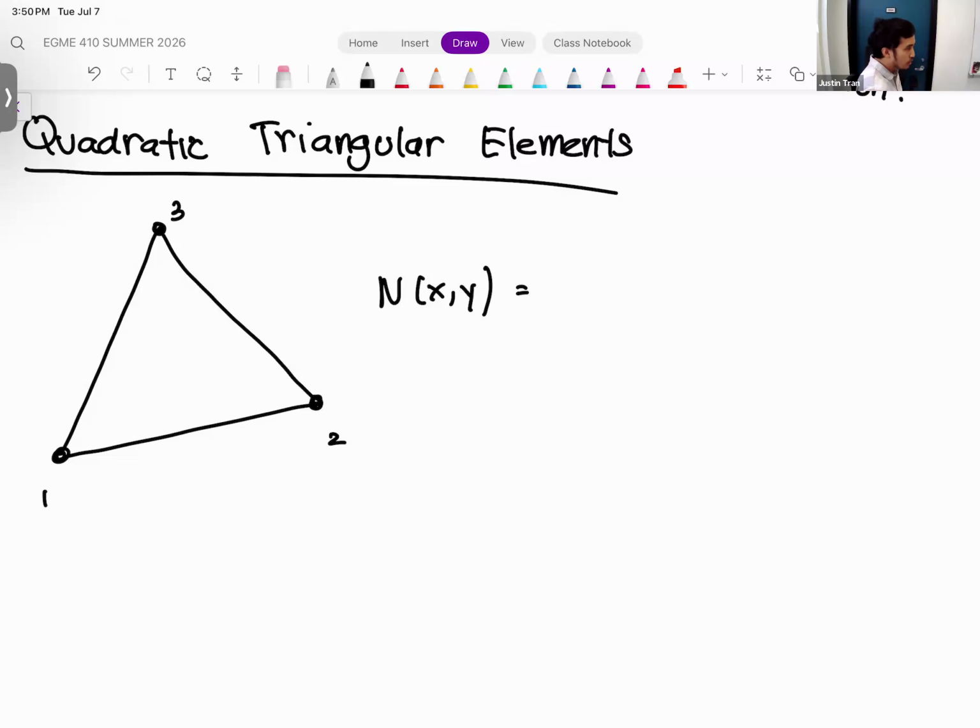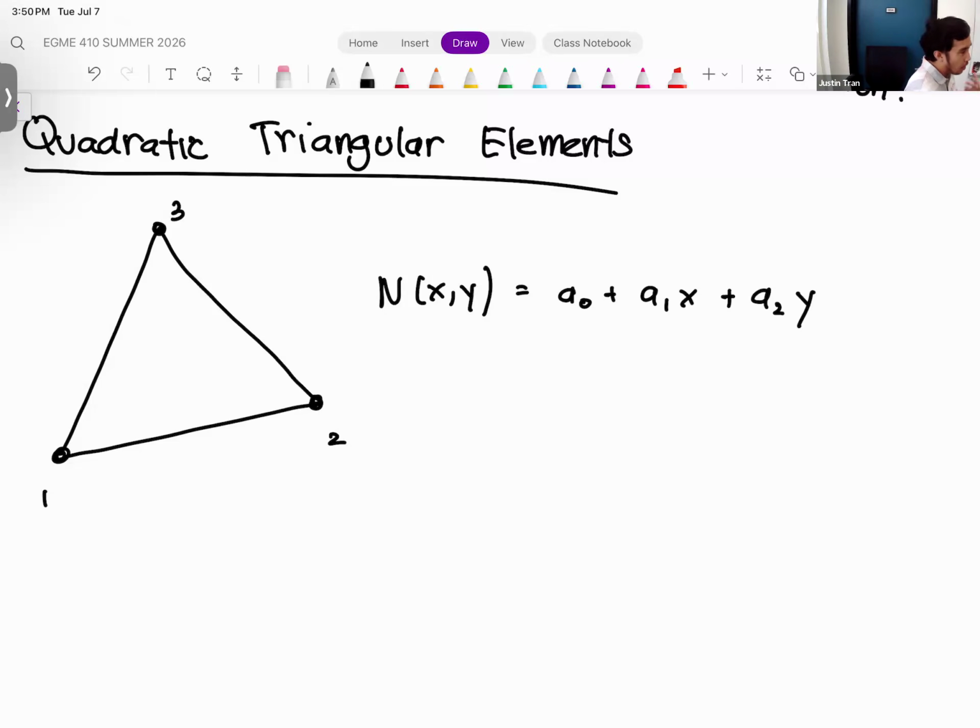Let me write out the shape function first, and then we'll go back to the element shape because we're not quite done with it just yet. So the shape function looks like this: A0 plus A1x plus A2y. Our shape function here starts the same way as our linear triangle, right?